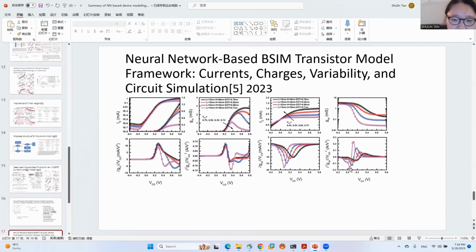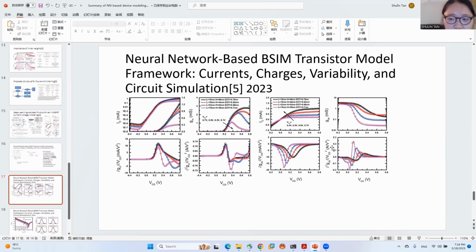That's what they are talking about here. This phenomenon is hard to predict with purely mathematical derivation, but with a neural network you can do it. That's one of the advantages of using neural networks for physical device models.